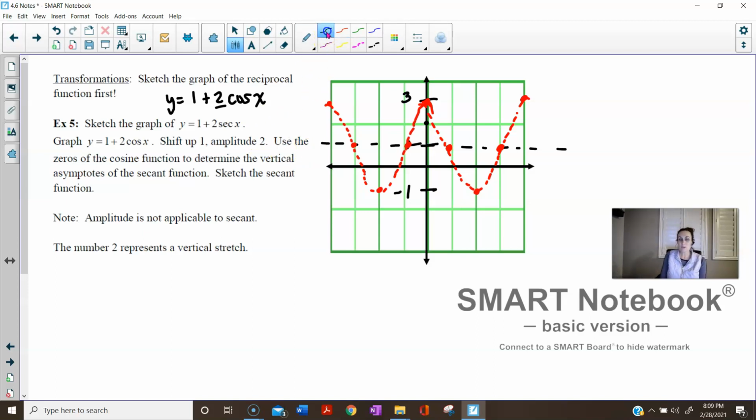So when you are drawing your asymptotes, you're going to draw your asymptotes through these points in the middle. So this is where those asymptotes go, through those points in your new center, because the whole graph got shifted up. All right, and then it's just a matter of flipping everything.